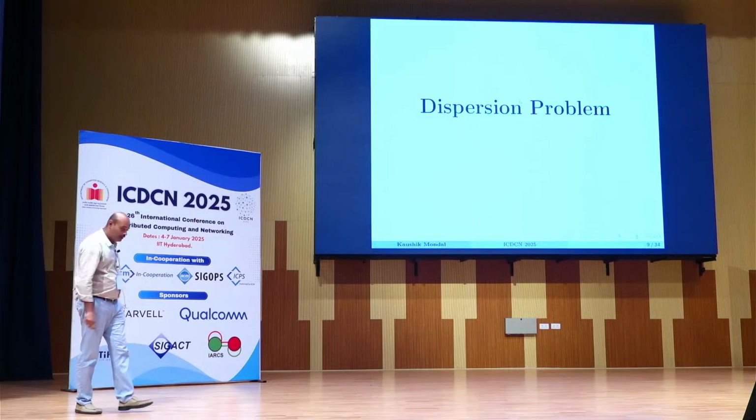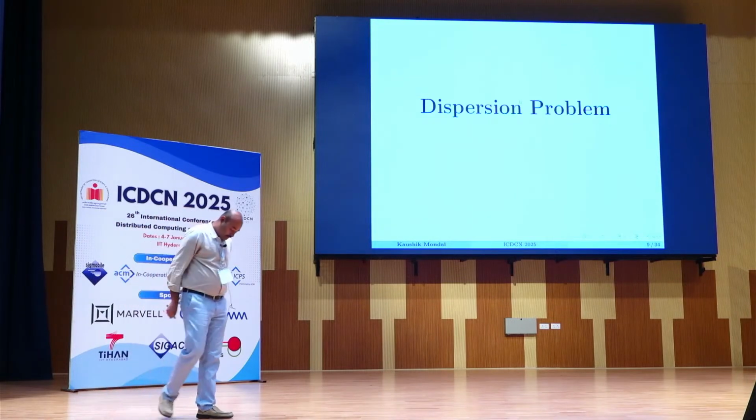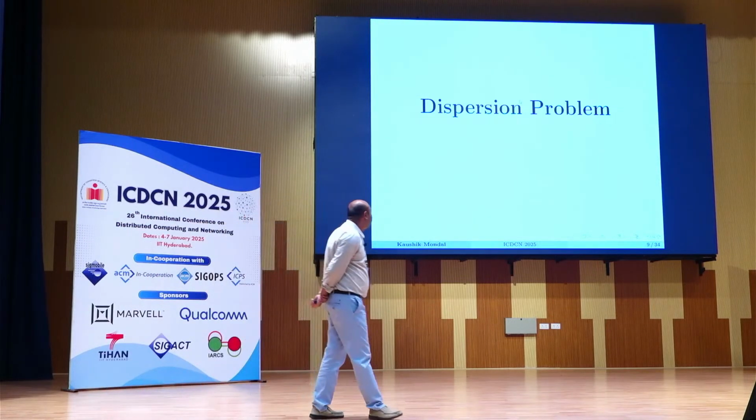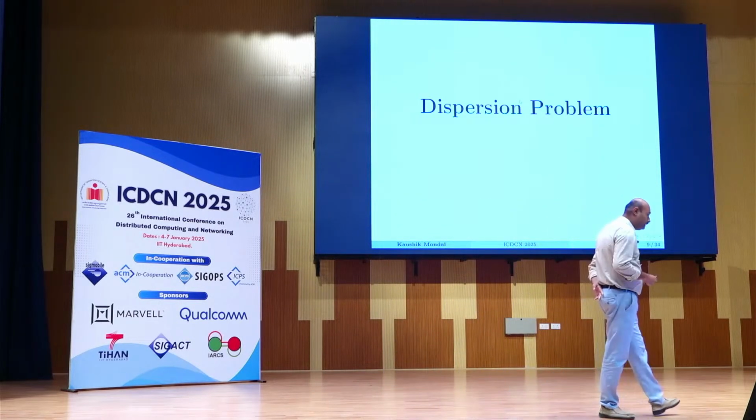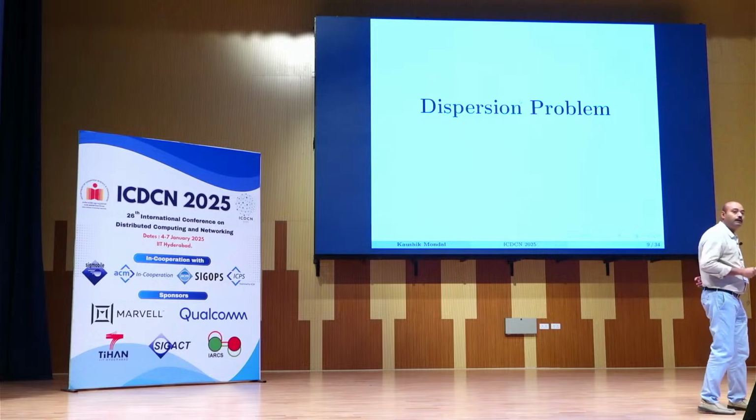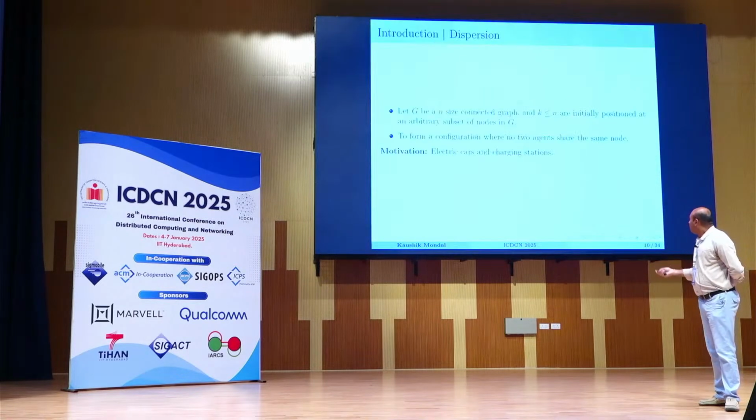Okay. So next we are going to the dispersion problem, and we will see how it turns out in those models, and it is already studied in the one-interval connectivity model. Okay.